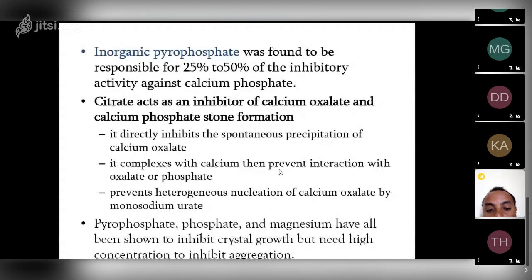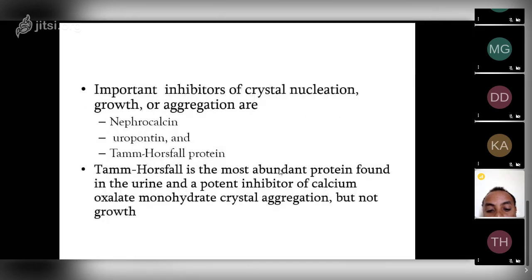Not only this, magnesium phosphate also has a role as an inhibition factor. Important inhibitors of crystalline nucleation, growth and aggregation act specifically in different steps of stone formation, like crystal nucleation, growth and aggregation.